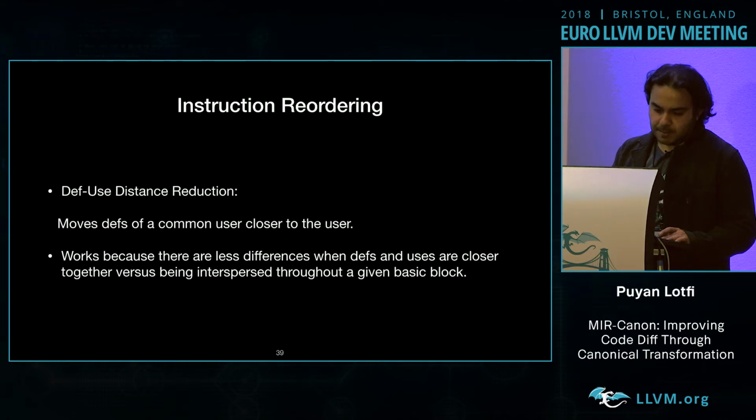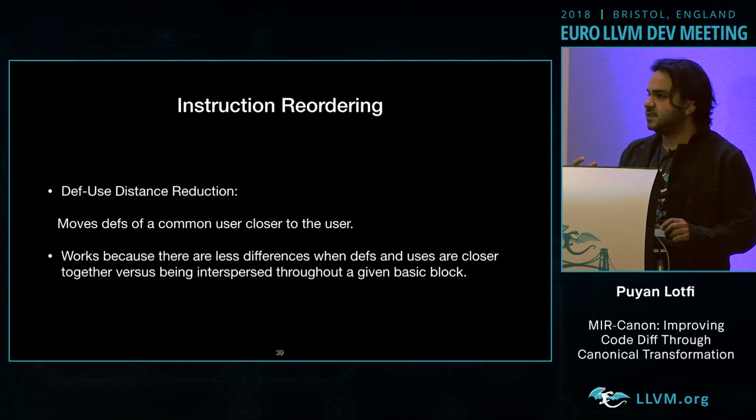The first one I'll get into is the def-use distance reduction technique. In def-use distance reduction, when we have multiple defs that flow into a common user, we try to move those defs closer to the user.